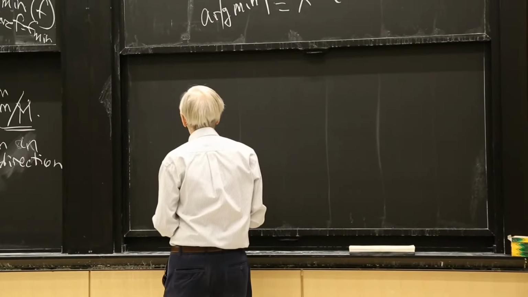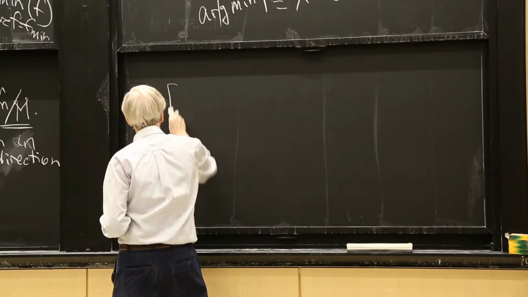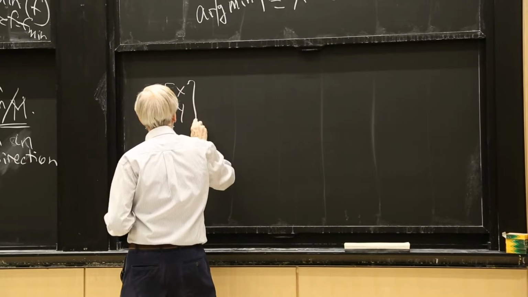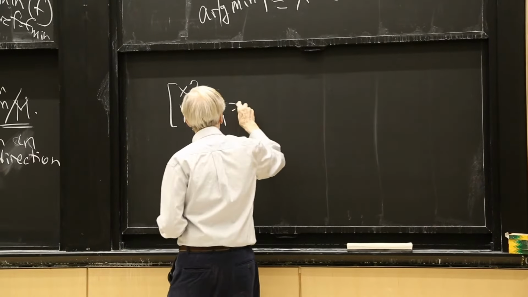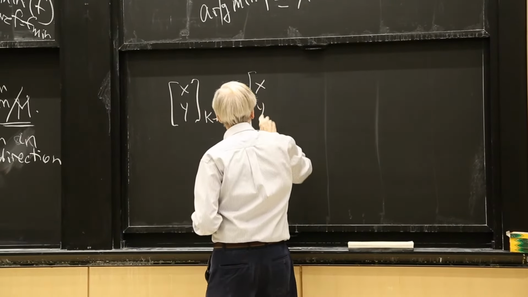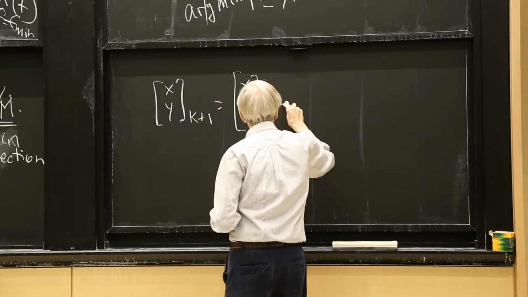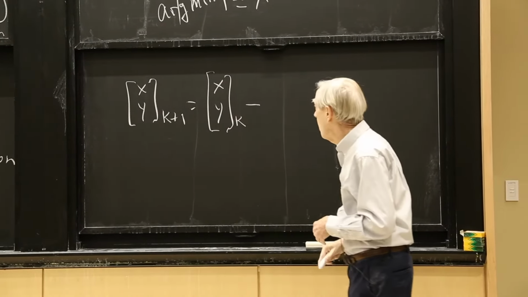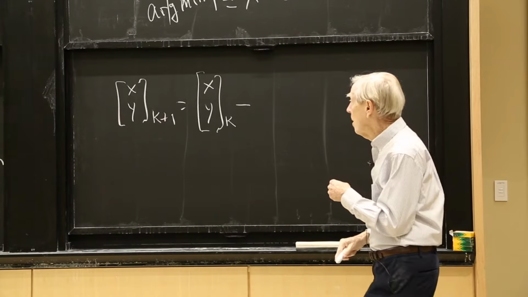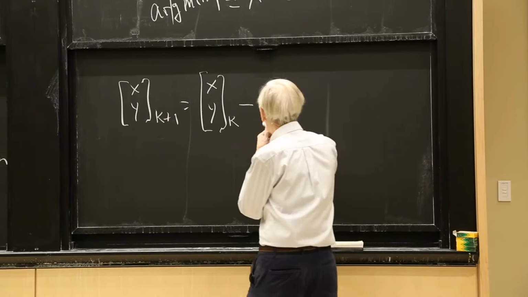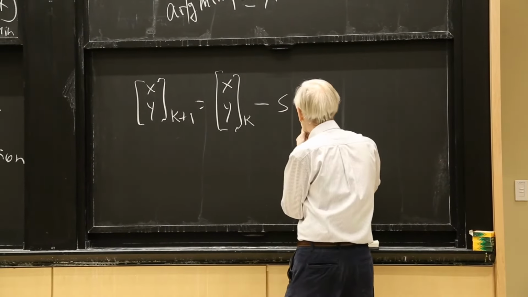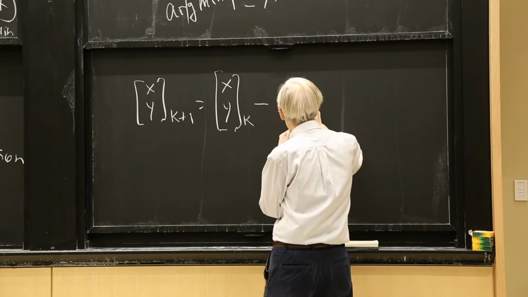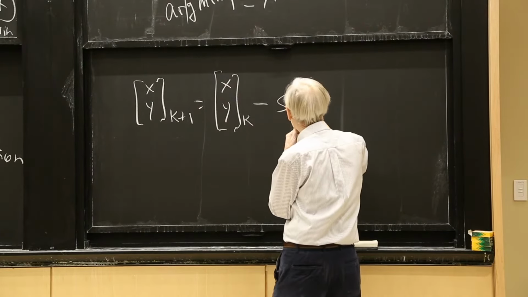So here's the new (x, y) at k plus 1. It is (x, y) at k minus the s, which I can compute, times the gradient of f.